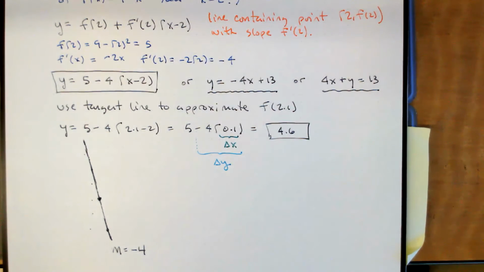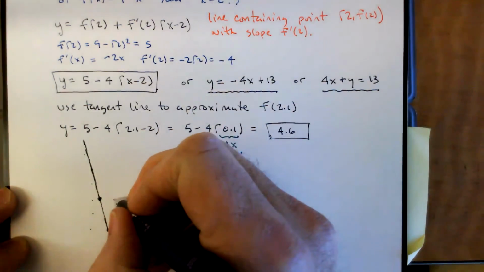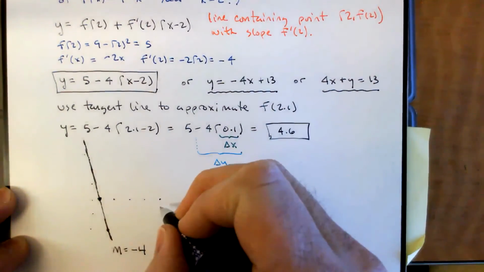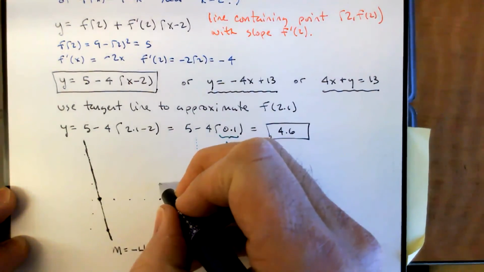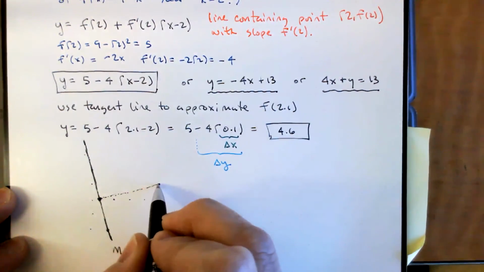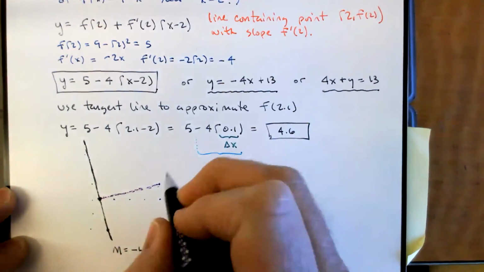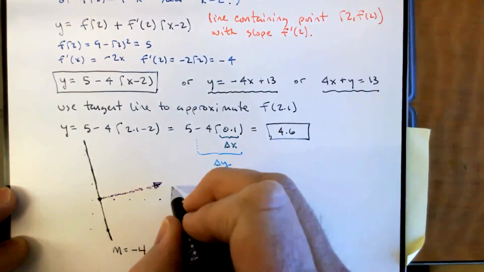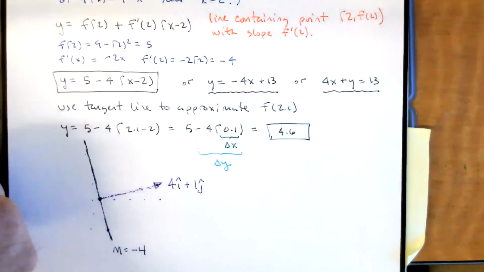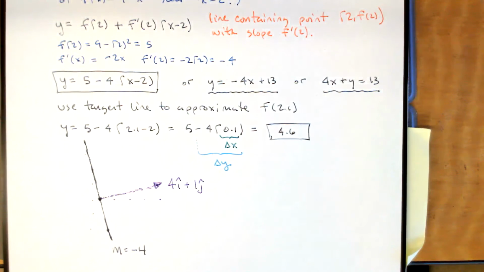So if I go 4 in the x direction and 1 in the y direction, say the vector 4i plus 1j, note that that vector is perpendicular to the line with the slope of negative 4. Everything is nice and consistent.